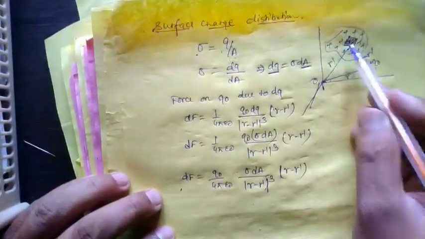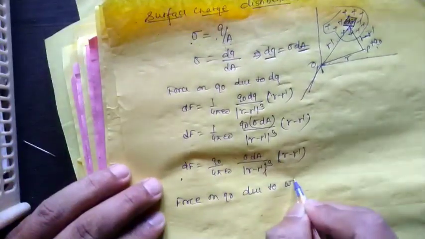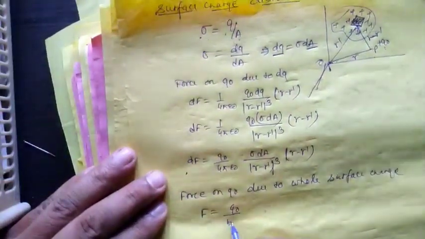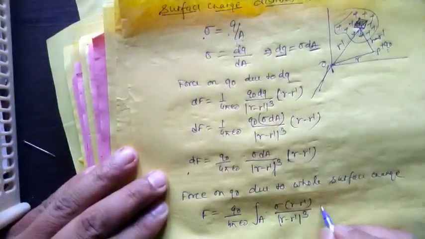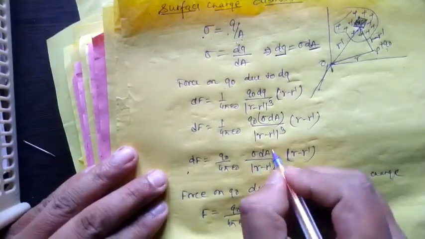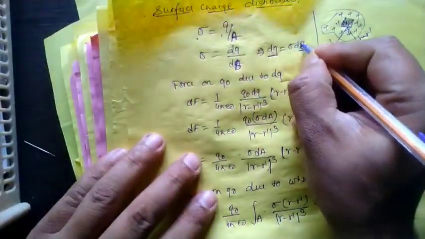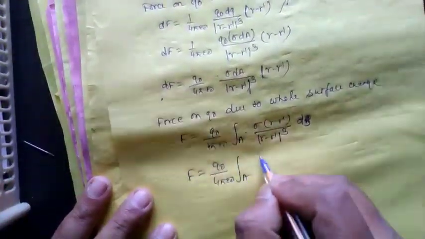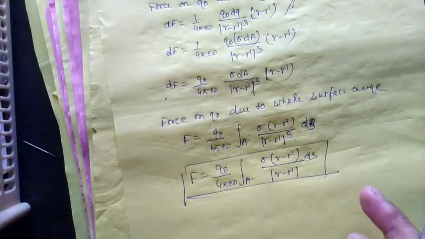For the force on q0 due to the whole surface charge, F equals q0 upon 4 pi epsilon naught, integral over A of sigma (r minus r dash) ds upon |r minus r dash| cubed. Finally, this is the force for surface charge distribution.